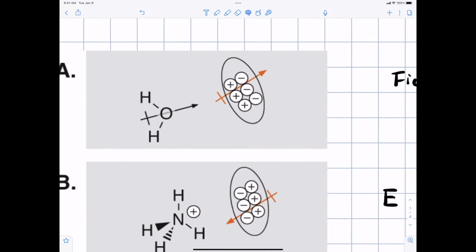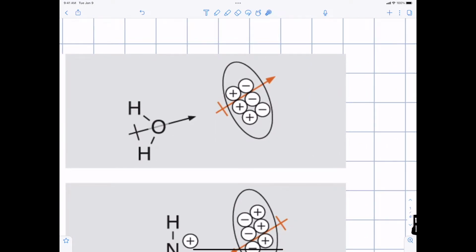So what this diagram is intended to show you is if this oxygen, which has a partial negative charge on it, approaches this, we're going to say is a nonpolar molecule, perhaps hexane, during the time when this water is close, with the oxygen oriented towards this molecule, the molecule itself can rearrange its electron density to accommodate the presence of this partial positive charge.